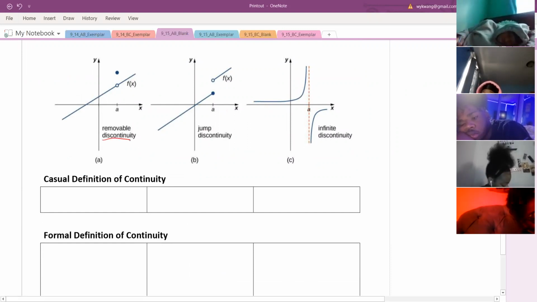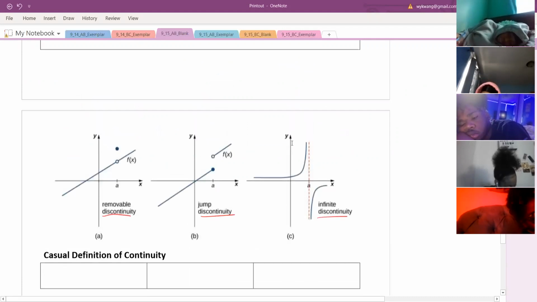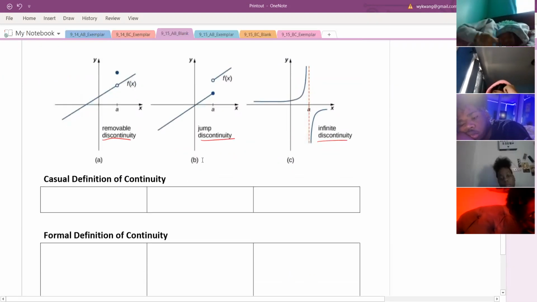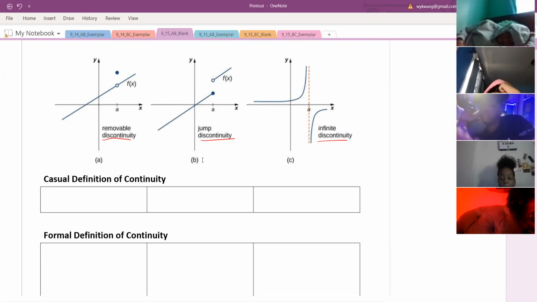So each of these are discontinuities, which means that it violates our definition over here somehow, right? Actually, I'm going to give everyone 1 minute right now just to copy the graphs. You don't have to copy every element of the graphs, but just represent what each of these graphs looks like. And then under that, I'm going to give 5 minutes for everyone to express in our actual mathematical definition why it's not continuous. So first I'm going to count down for 1 minute, just so everyone can get the graphs in their notes.